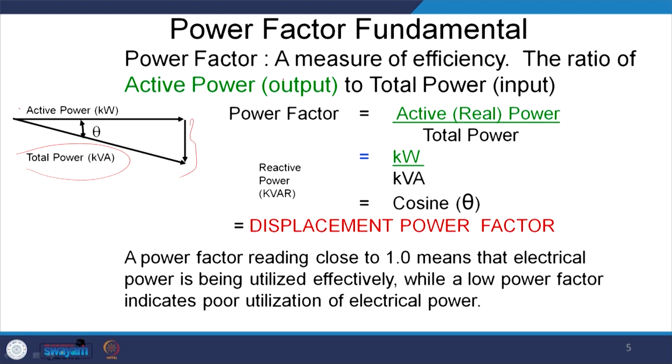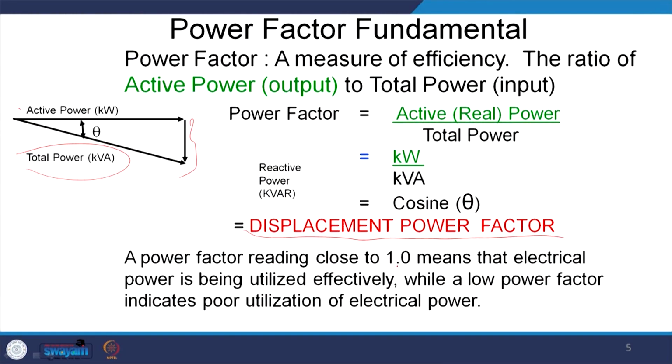Power factor is a measurement of efficiency. It is the ratio of active power to the total power, which ultimately is a cosine, and in the case of power electronics we will see there is another term, the displacement power factor. A power factor reading close to 1 means the electrical power is being utilized effectively, while a low power factor indicates poor utilization of the electrical power, most of the power is wasted in the magnetics.